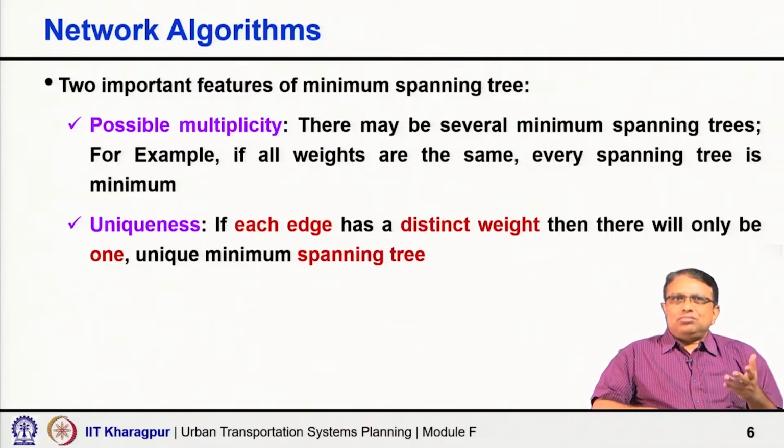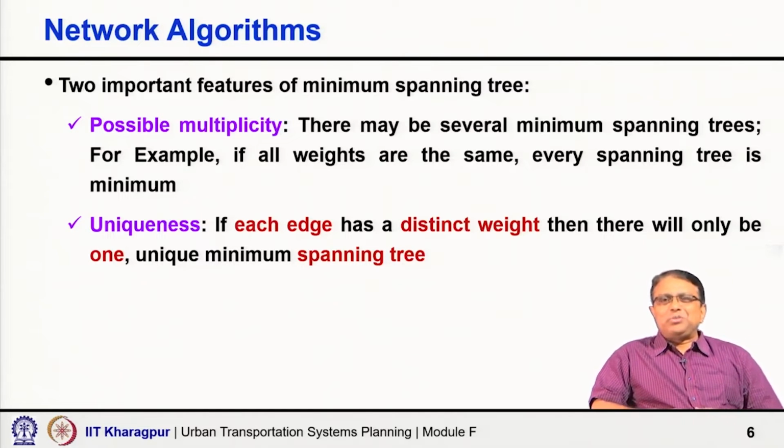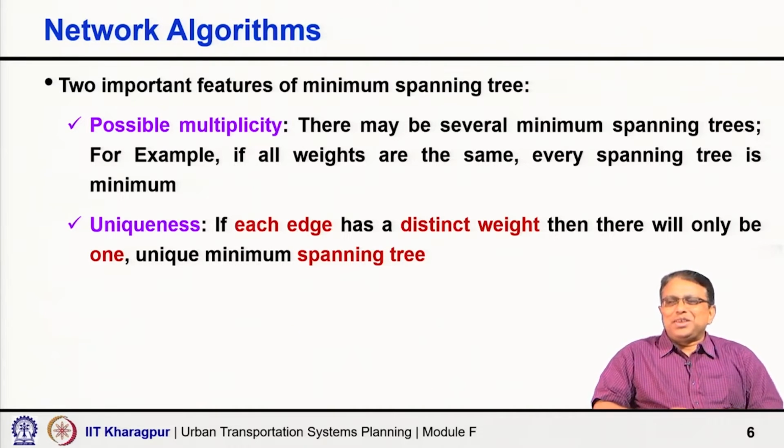So, there are 2 important features of the minimum spanning tree. As I said, development of something like a minimum spanning tree is the first objective. Right? When a rural area is getting developed, slowly more and more population gets developed to a more formal form, going towards some kind of urbanization, because all these developments happen slowly.